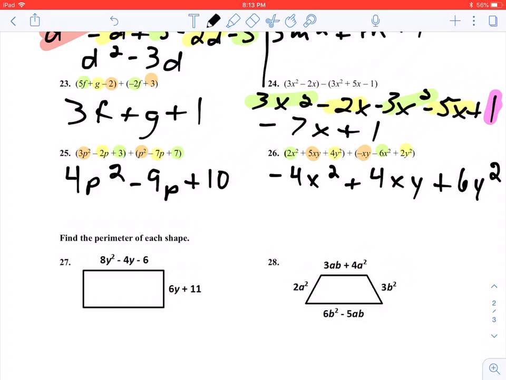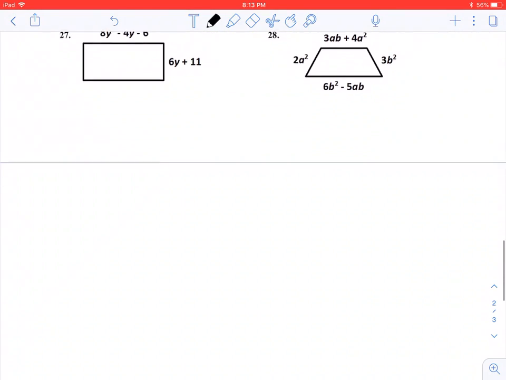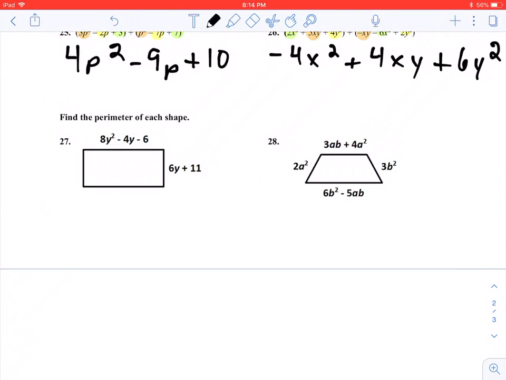27 and 28, you had to find the perimeter of the different shapes. Now for perimeter, you just have to add up the sides and get a solution. So for number 27, it is going to be 8y squared minus 4y minus 6.